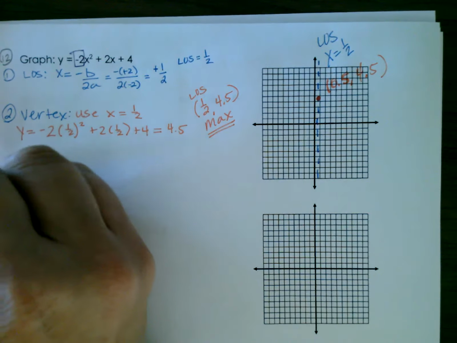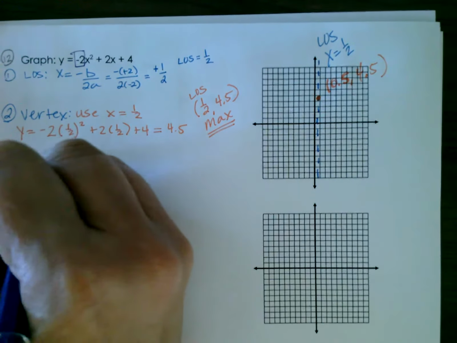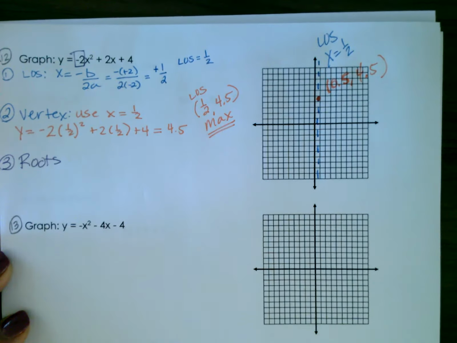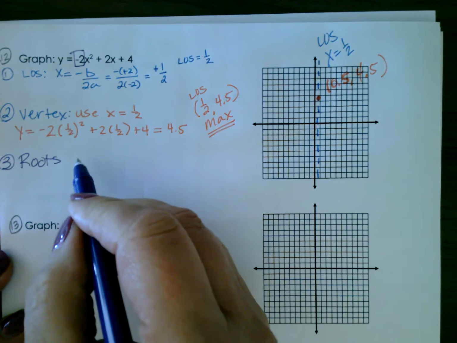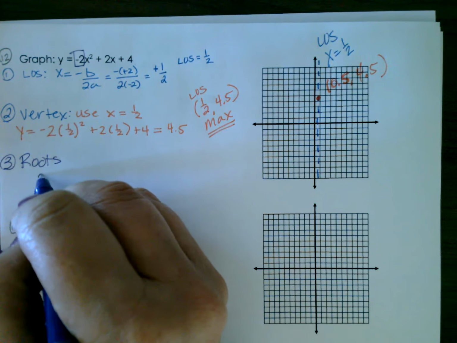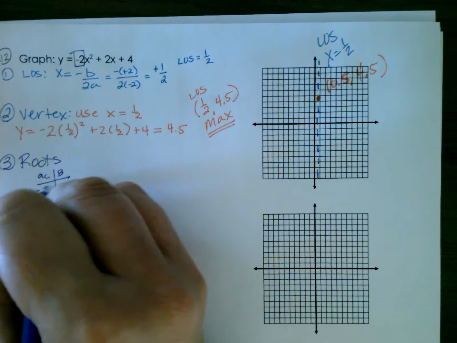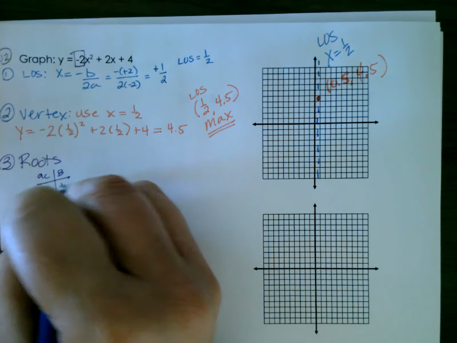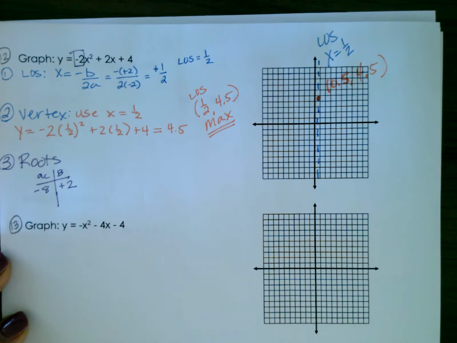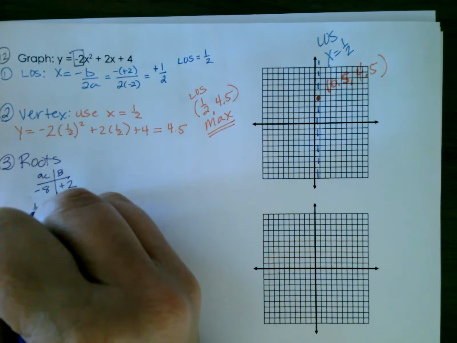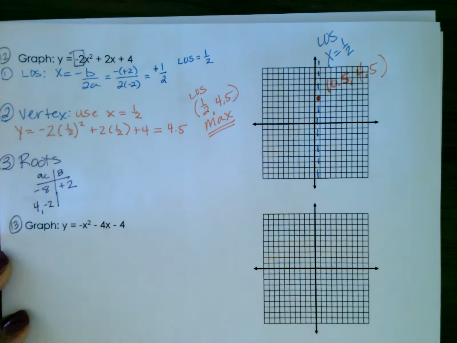Now it is time to find our roots, the x-intercepts or the zeros. I will have to do an AC chart. I need two numbers that multiply to -8 but add to 2. That would be +4 and -2.